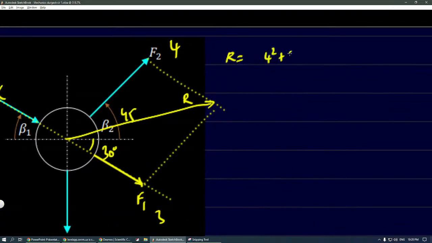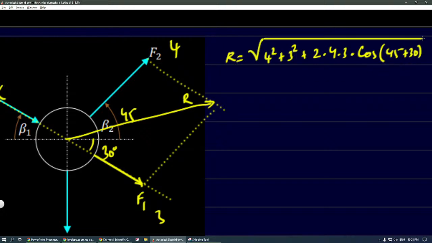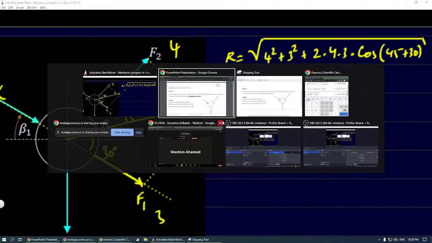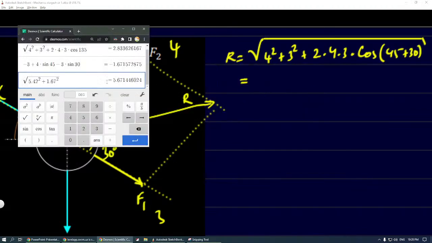Now to find the resultant, it will be equal to the square root of 4 square plus 3 square plus 2 into 4 into 3 into cos of the angle. What is the angle? 45 plus 30. Correct, sir. So this entire thing has to be taken under the square root. Finding the angle will be tough here.